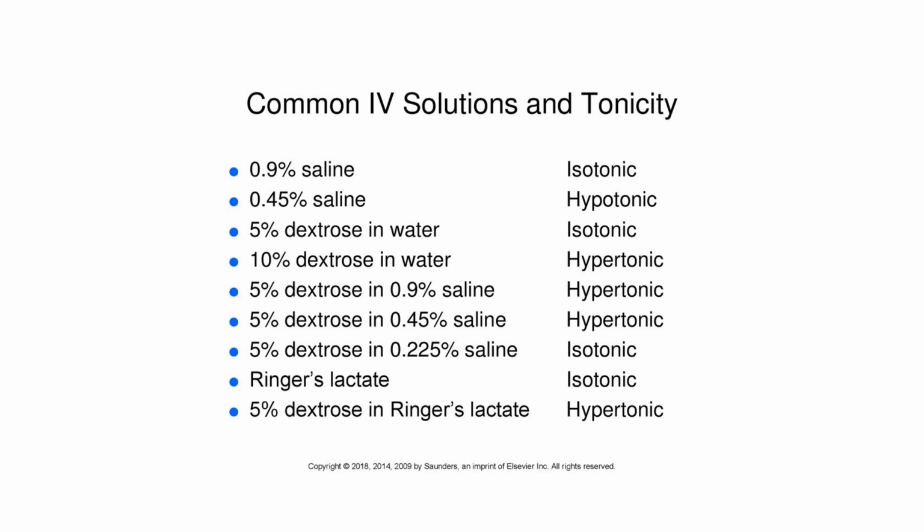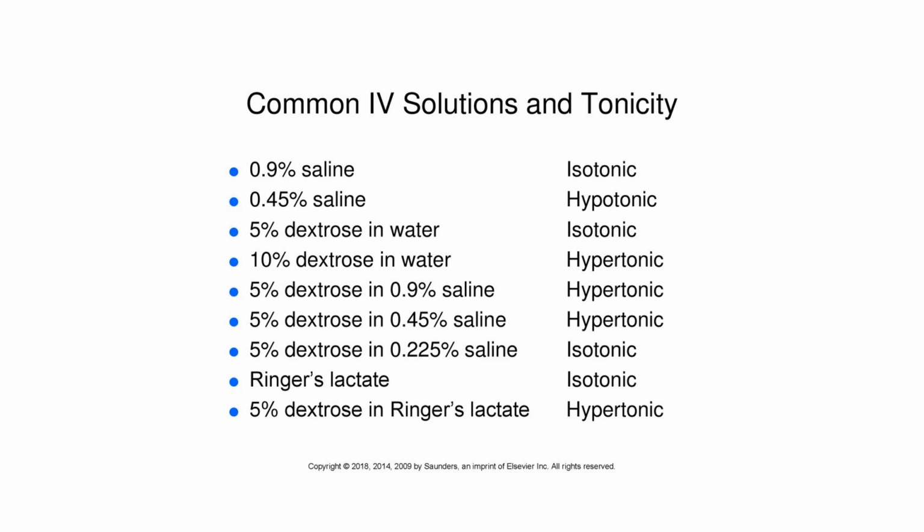By far the most common reason to use this is to mix up medications. Mix the medications in the solution and administer them intravenously. It's used as a diluent for medications mainly.